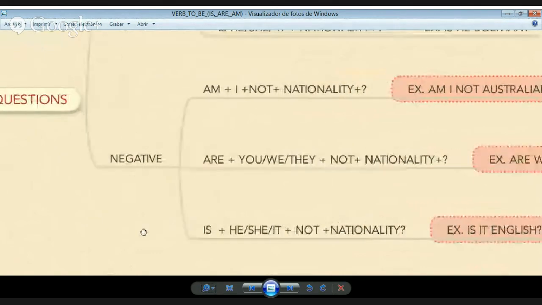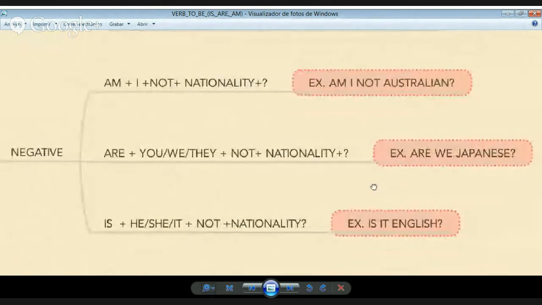Now let's go to make negative yes, no questions. You add the article not. For example, am I not Australian? In this case, with this structure, are you plus not plus nationality, you say, are we Japanese? Okay, so you have the auxiliary verb are plus the subject plus the nationality.